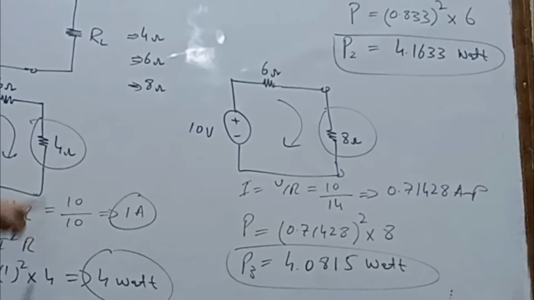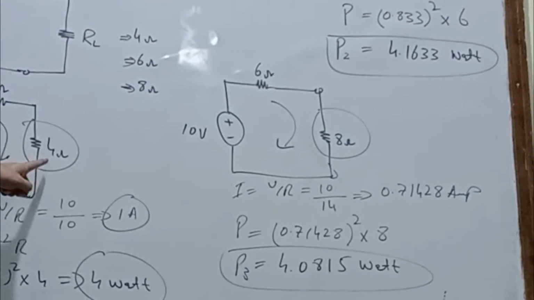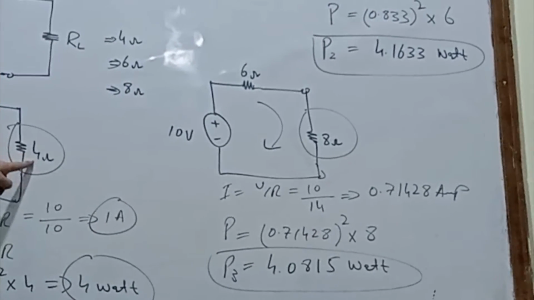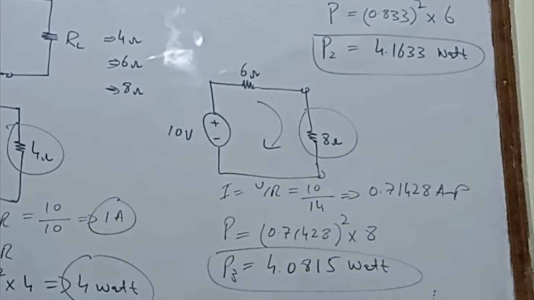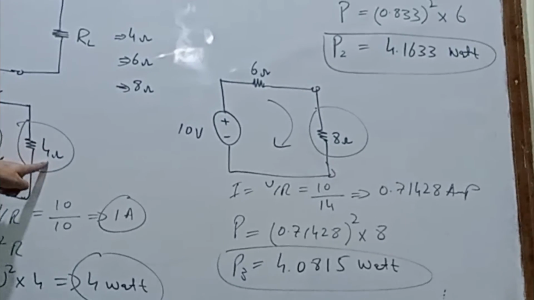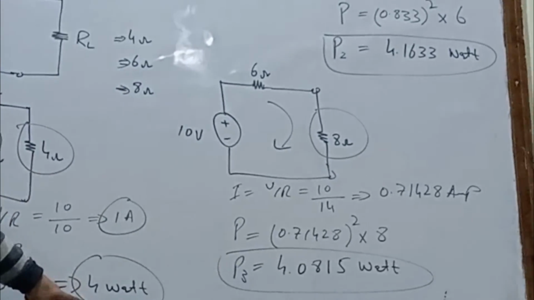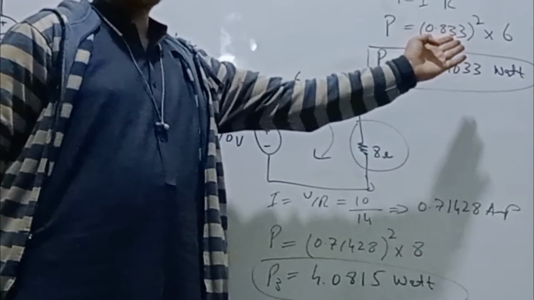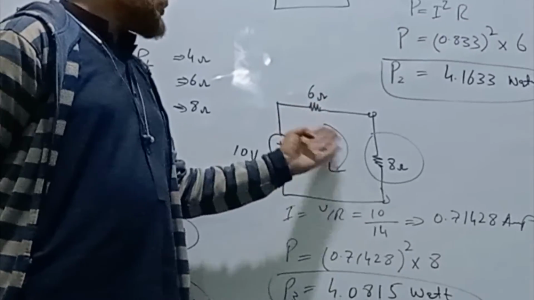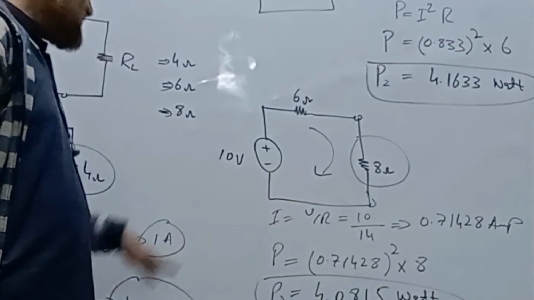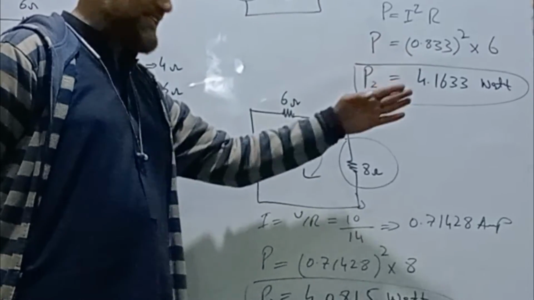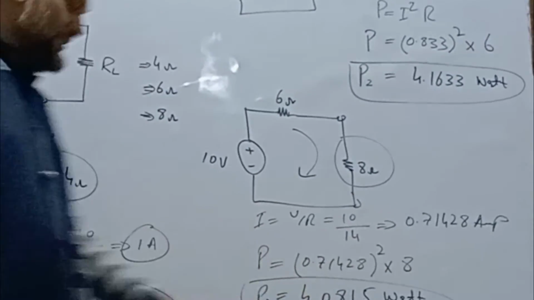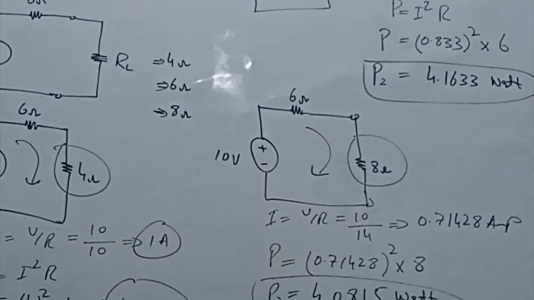For less RL, because 4 is less than 6, power is 4. When it is 6, it is more than 4. When the load is more than 6 and increasing, power is decreasing. Look at over here. Power is decreasing.